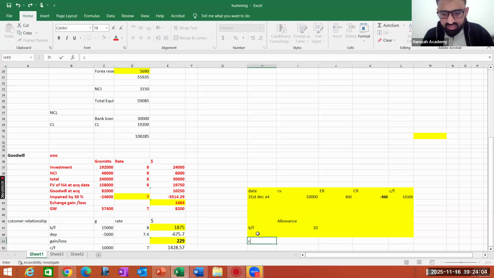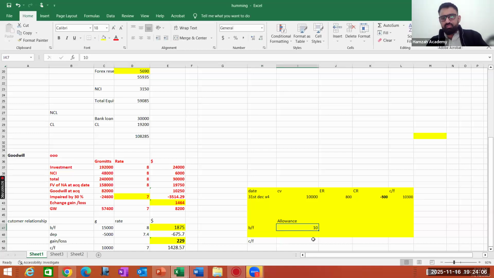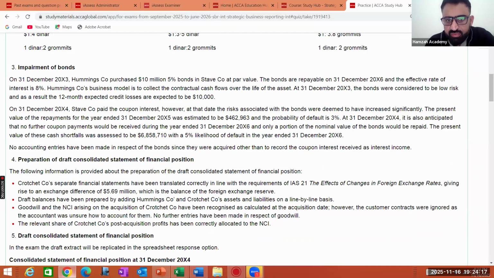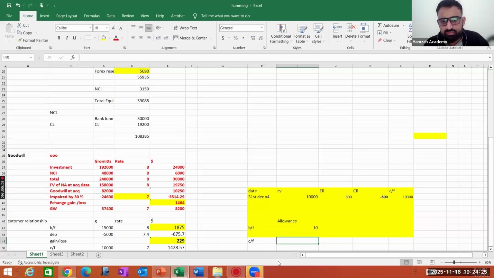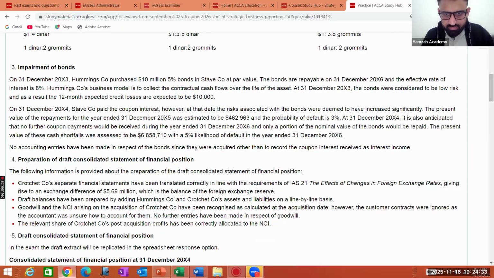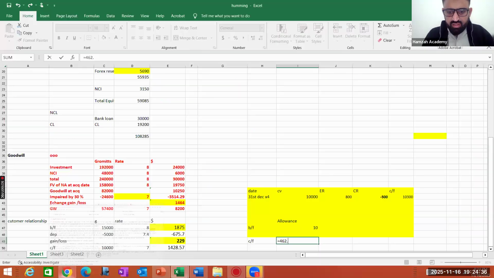But now the loss allowance has become stage 2, and you need to recognize the lifetime expected credit loss. Because the chance of default has become significant, in X5 you expect to receive only 462,963, but with a 3% chance of default.